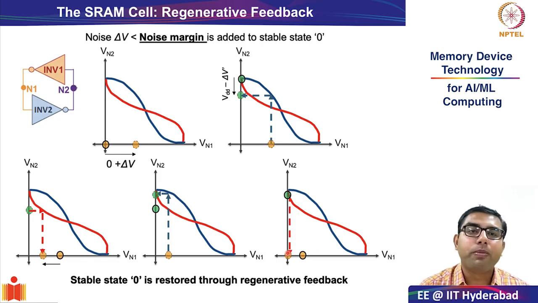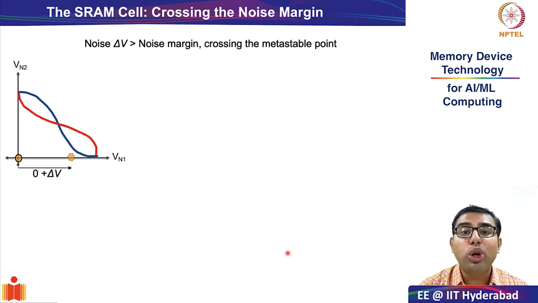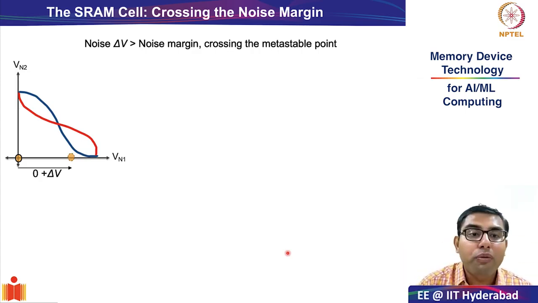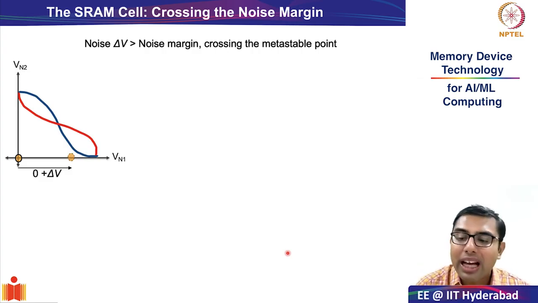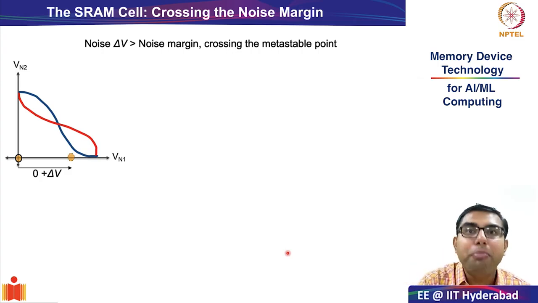So I hope this gives you a very strong feeling for why the SRAM cell has this so-called self-healing or regenerative feedback. However, it is very important to note that all this regenerative feedback is not infinite. The noise margin is not infinite. If you push the system out of some stability point, just like try to recall the W-shaped curve, within the height of the barrier, if you disturb the system, you will be able to regeneratively feed back.